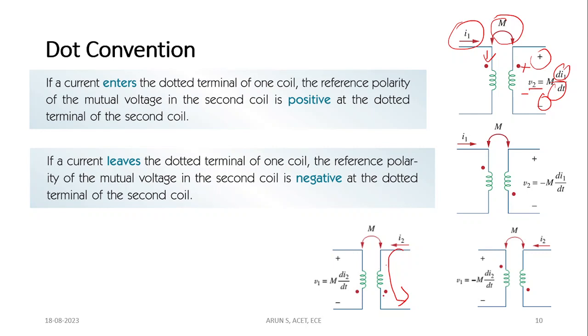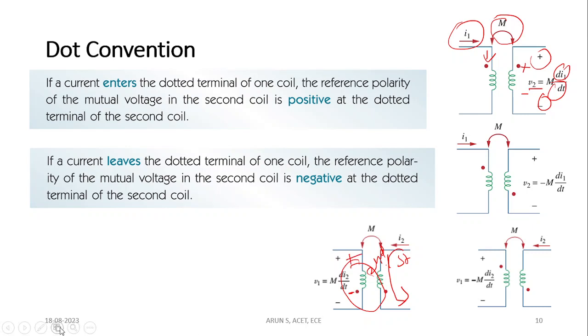This is my first coil and this is my second coil. The induced mutual voltage in the second coil is negative at the dotted terminal. It is leaving the dot, so negative will be at the dot and positive will be at the undotted terminal.